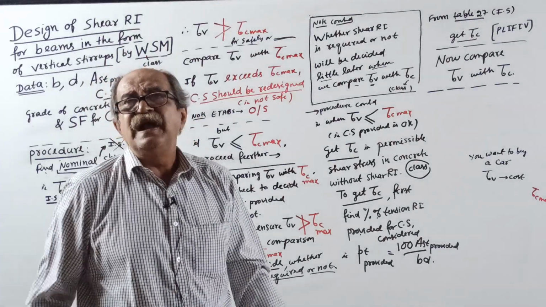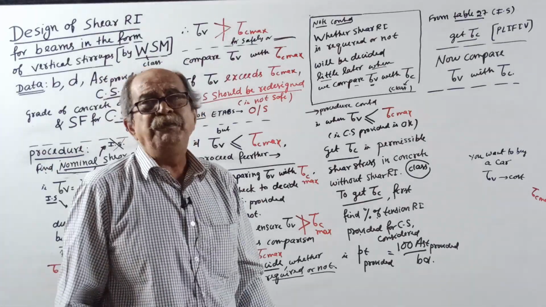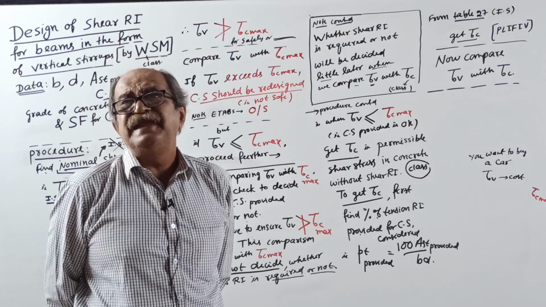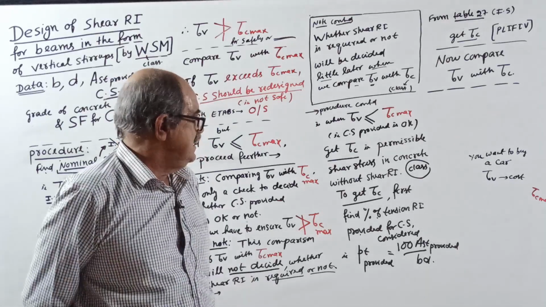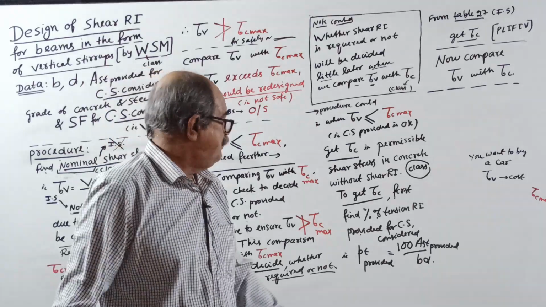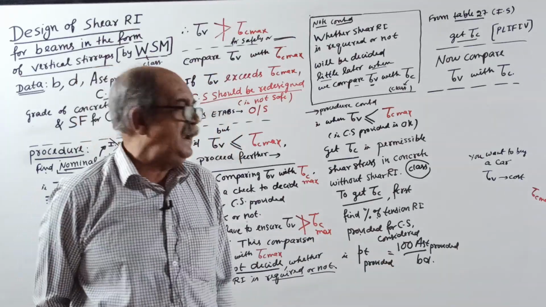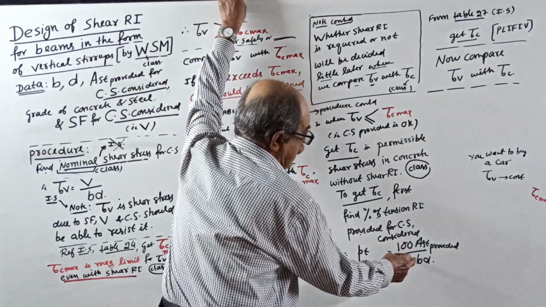Usually that is Ast by bd into 100, but popularly it is called 100 Ast by bd. Get 100 Ast by bd.